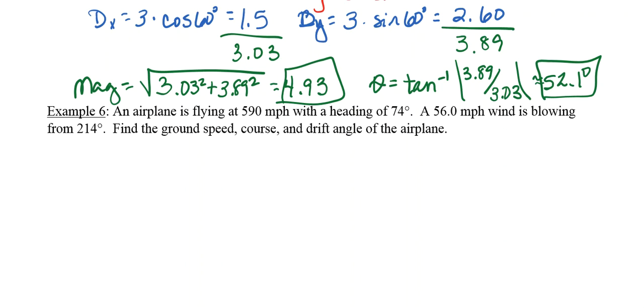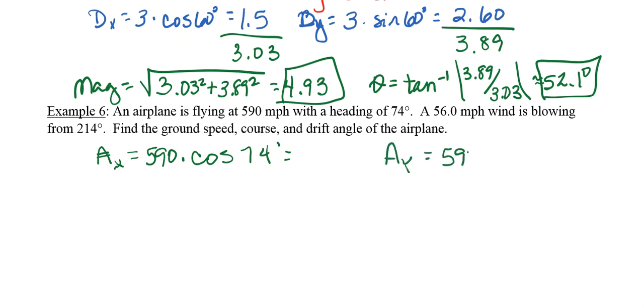So what we're going to go ahead and do is just like we've been doing. The airplane's X would be 590 times cosine of 74 and the airplane's Y would be 590 times sine of 74.